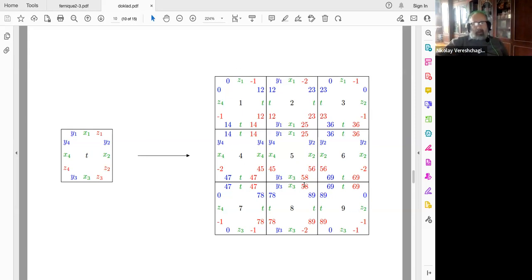Okay, so once again, consider such a group of 9 tiles. What do we need to prove? We need to prove that there is a tile in our tile set on the left which produces this square, this so-called pseudo macro tile.